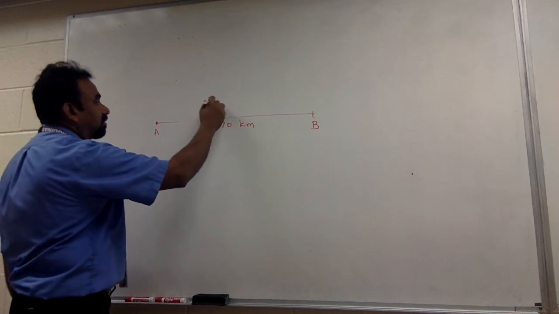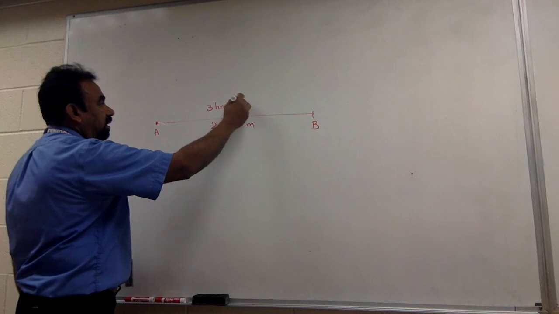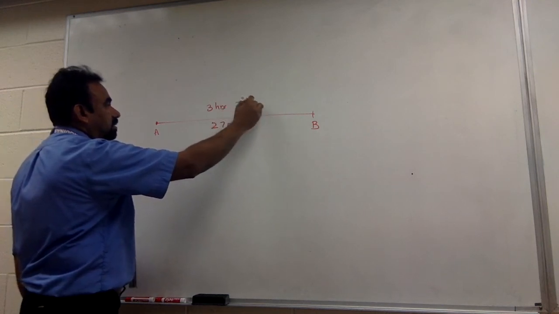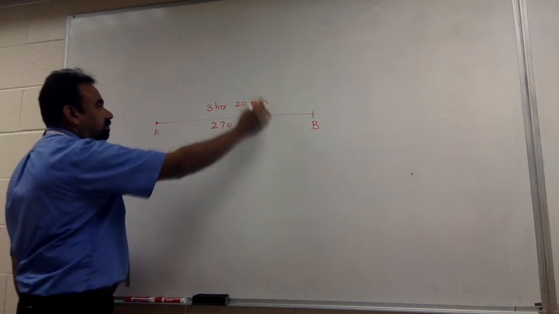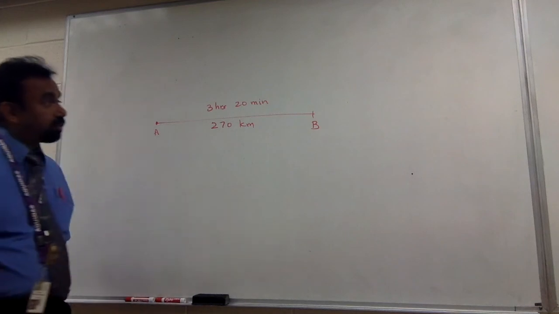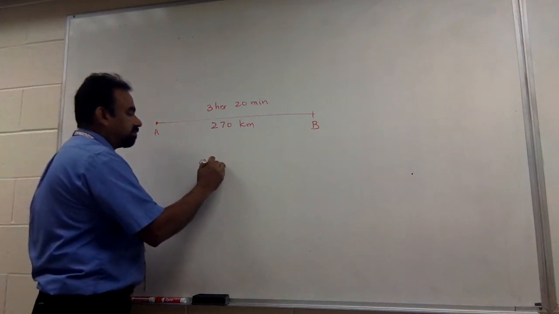Suppose you took a time of 3 hours and 20 minutes. If it took 3 hours and 20 minutes to reach there, what's the average speed?